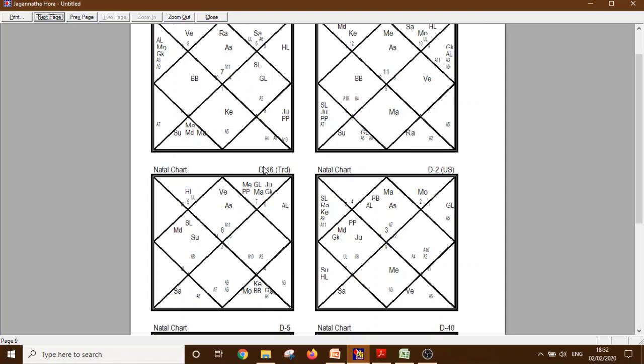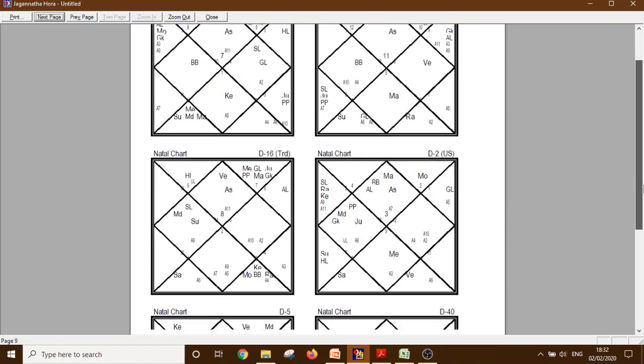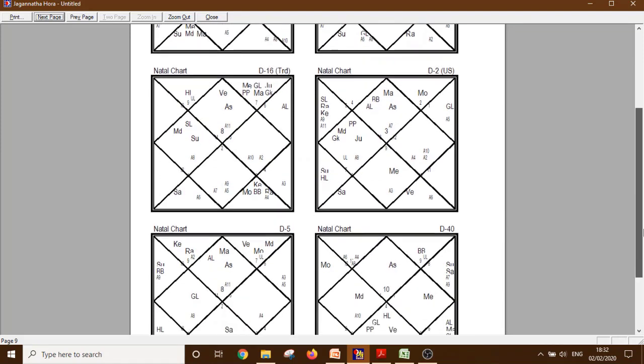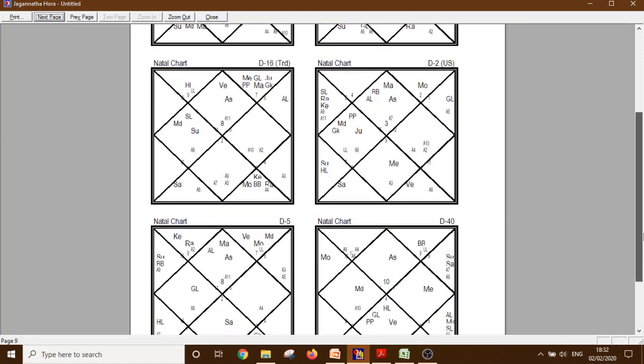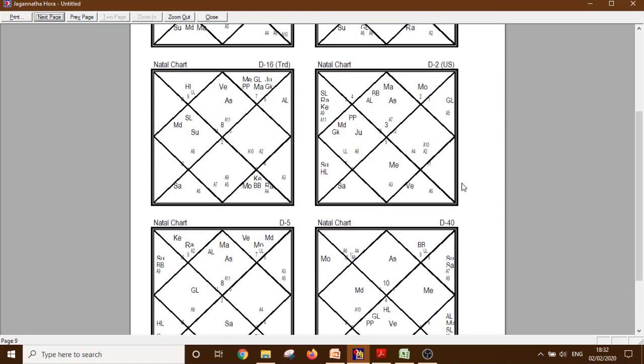This one is primarily used for analyzing conveyance and related happiness. D2 is more wealth related. When you look into the second house of your Lagna Kundali, which was on the first page, and you want to dig into more details, then you have a detailed analysis of your D2 chart.